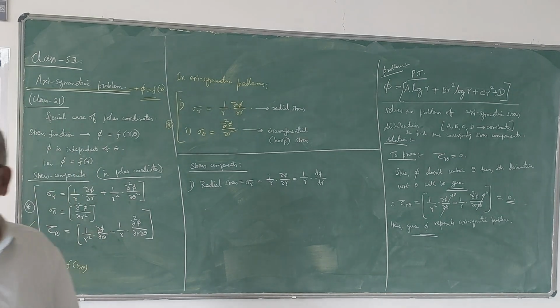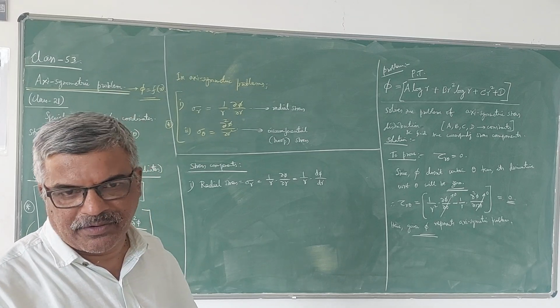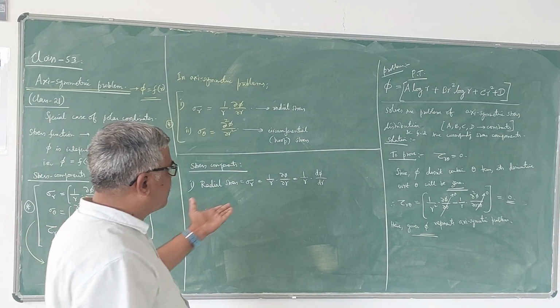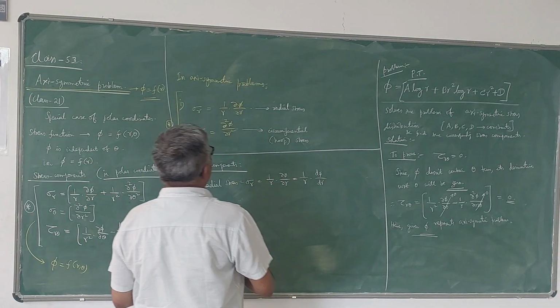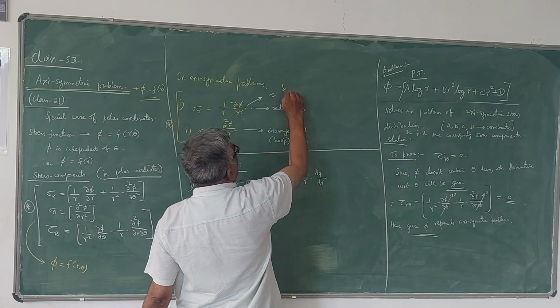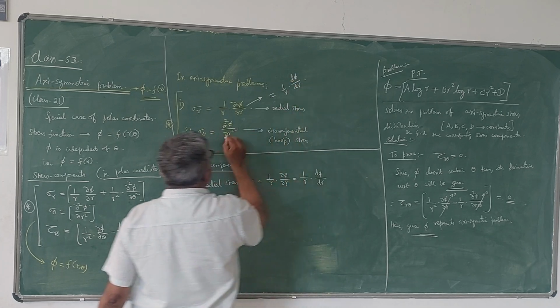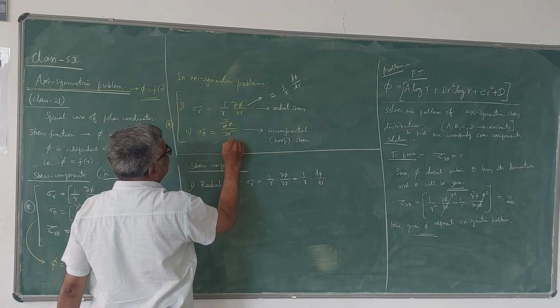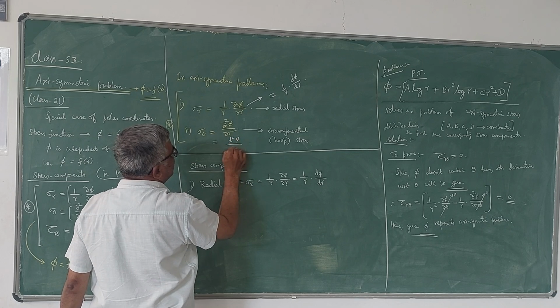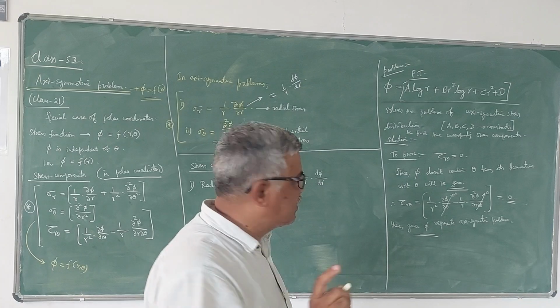Because phi is a function of only r. If theta is there, then we have to go for partial derivatives. Since theta is not there, it becomes a total derivative. So this is the same as 1 by r into d phi by dr, and this is d square phi by dr square, because phi depends only on r, only one variable is there.